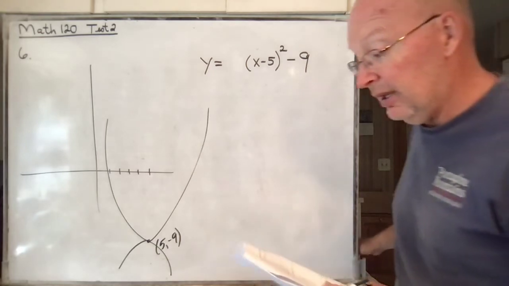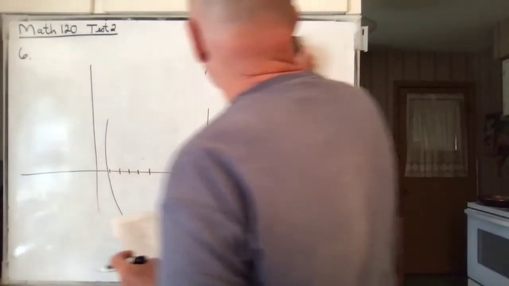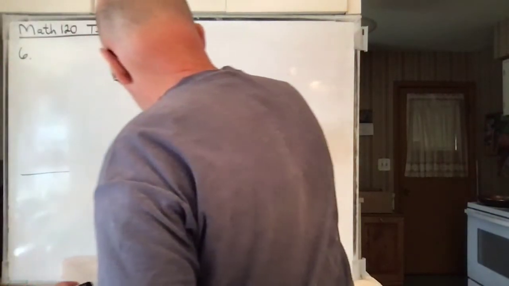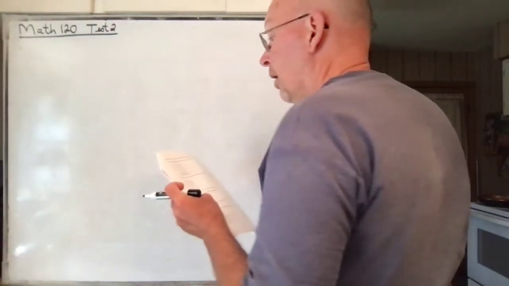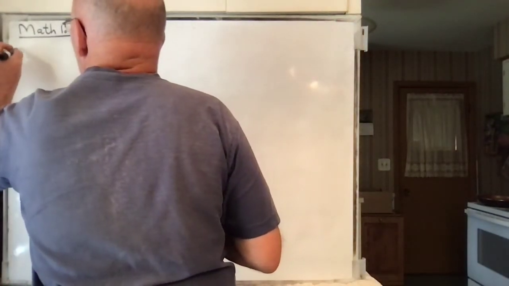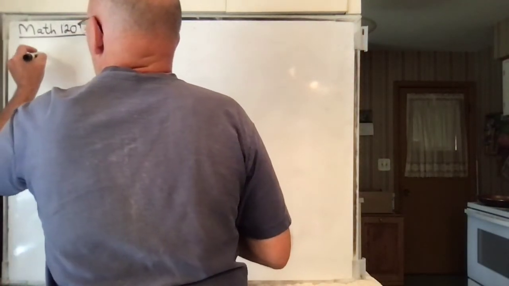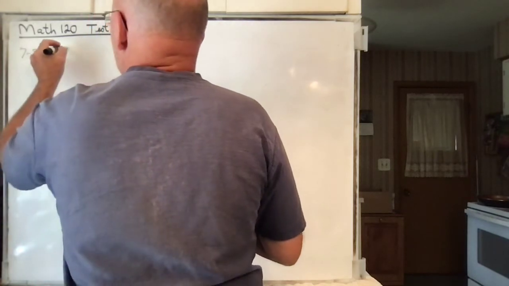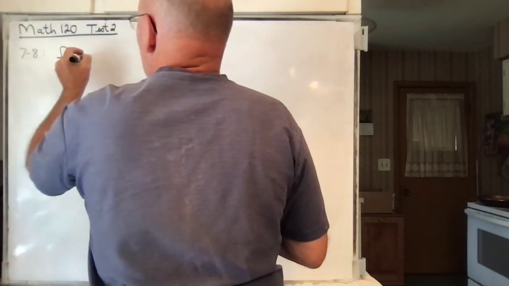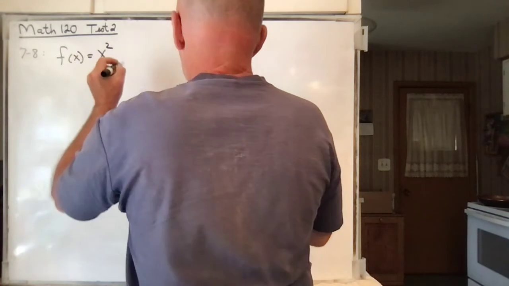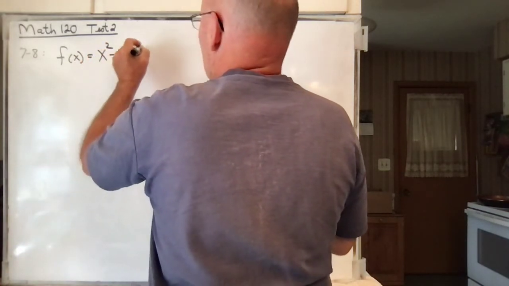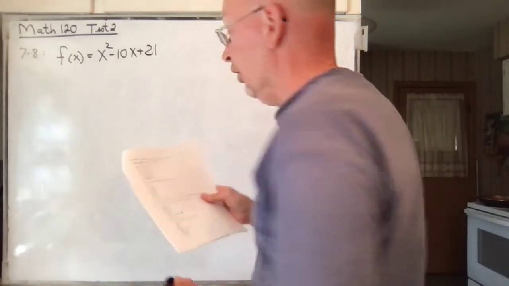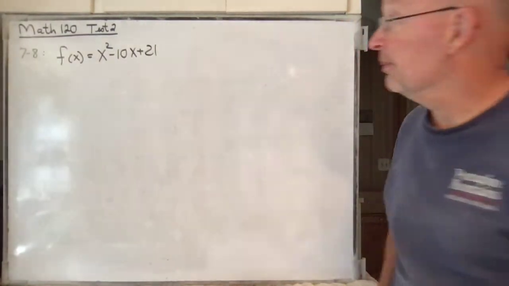Number 7 and 8. Given the quadratic function f of x is equal to x squared minus 10x plus 21, what are the x-intercepts of the function?